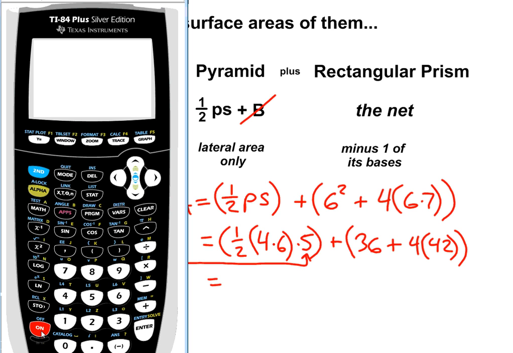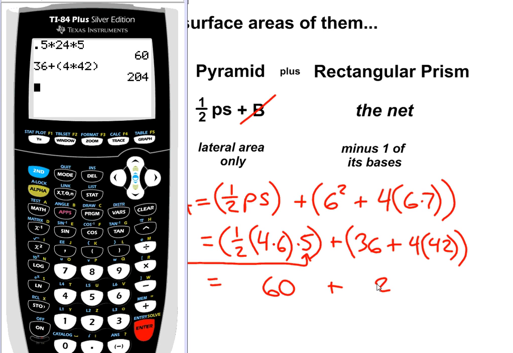In the lateral surface area of the pyramid, we have 1/2 multiplied by 24, that's 4 times 6, and then multiplied by 5 also, that is 60. And then on the right side, we have 36, which is being added to 4 times 42. Make sure you get your order of operations right when you go through that calculation.